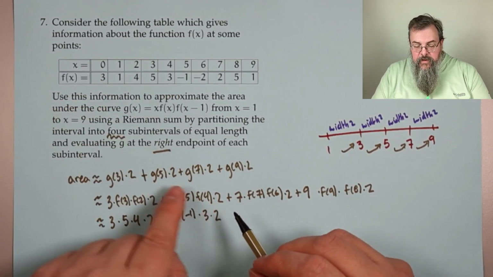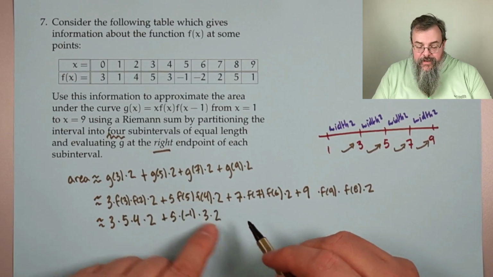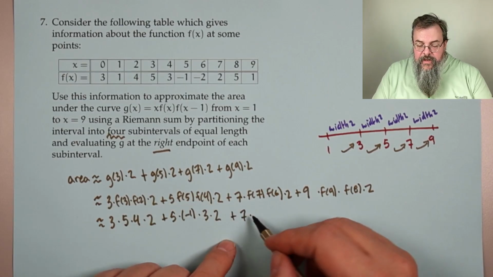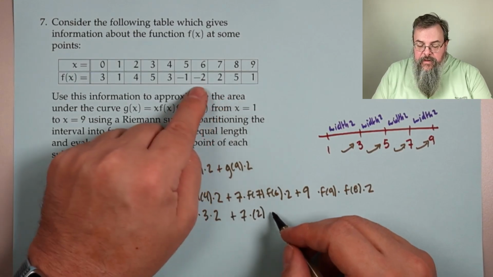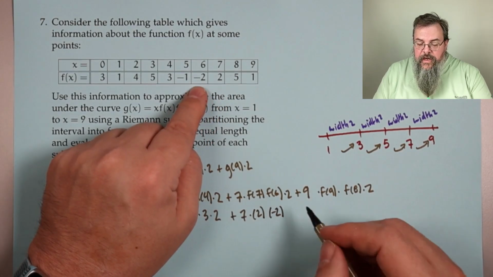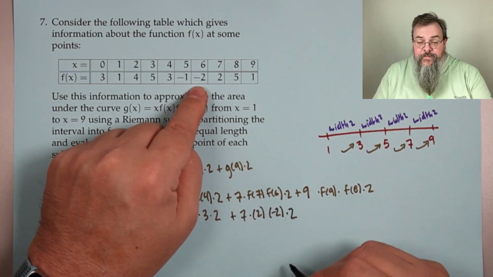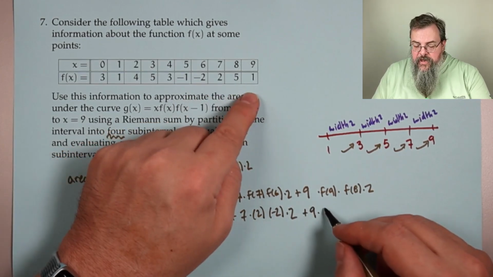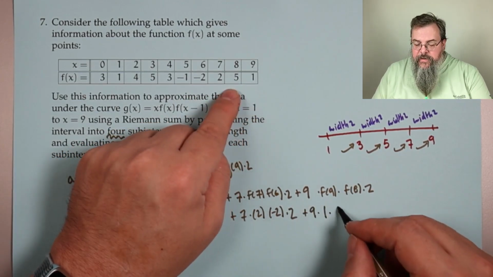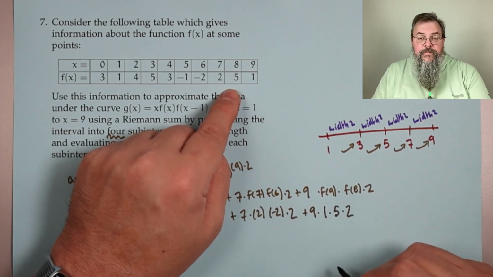Because f of 5 is negative 1, f of 4 is 3. Plus 7 times 2, f of 7, times negative 2, f of 6, times 2. Plus 9 times f of 9, which is 1, times f of 8, which is 5, times 2.